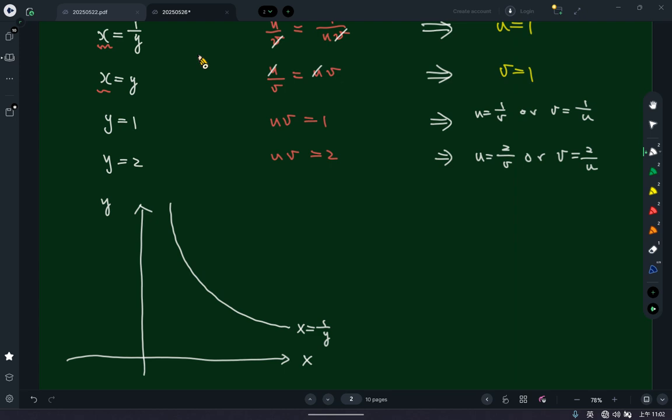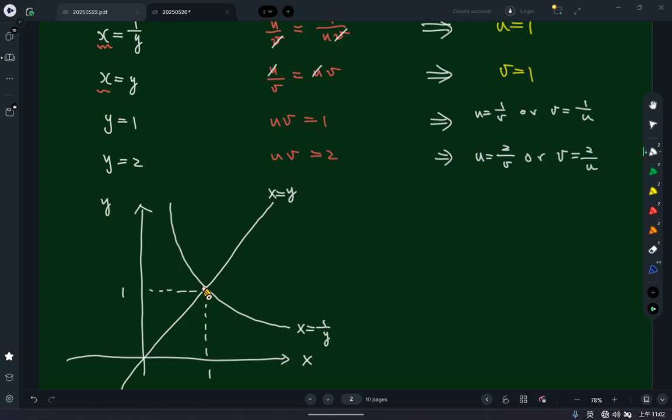So S is equal to 1 will be like this one. This line is S is equal to 1, right? Then the intersection is 1, right? Because you can easily use these 2 equations to solve. The answer is 1, and here is also 1, right?